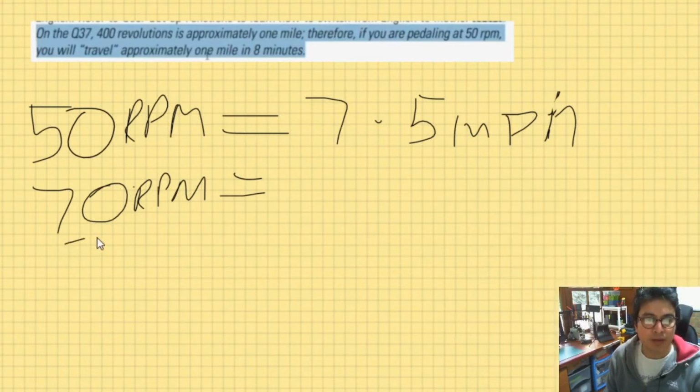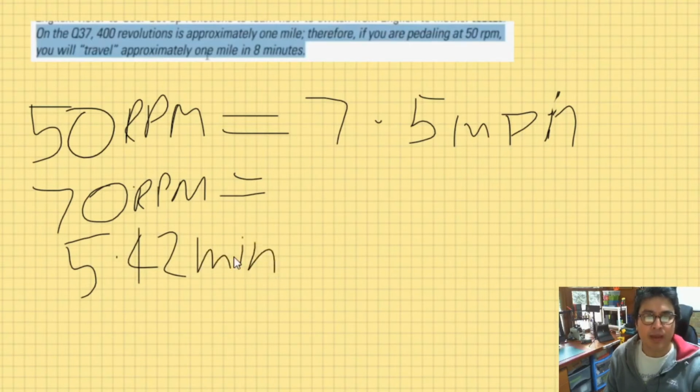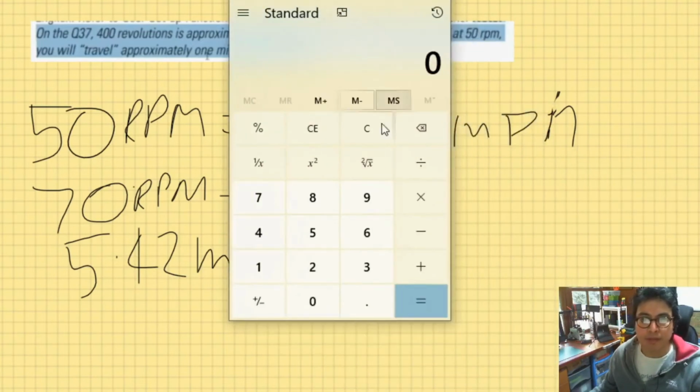Let's make a note of that: 5.42 minutes. So now what we have to do, just like we did for the 50 RPM, is divide the 60 by 5.42. Let's get the calculator back up.